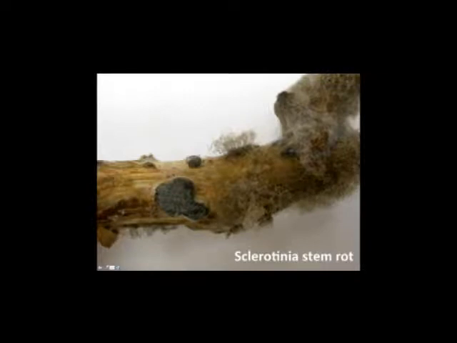So the next slide that we're going to look at is a picture of sclerotinia stem rot. Now, sclerotinia stem rot is not so common in greenhouses, but it does occur. It looks somewhat similar to botrytis. The one thing that's really interesting is that it will produce these very large sclerotia.